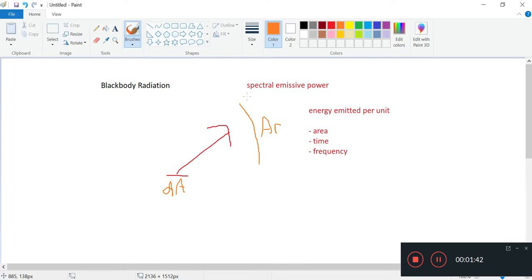However, when we talk about spectral emissive power per unit area, we are not referring to this, we're actually referring to this area. So there was a mistake in the last video. I just want you to be clear about what area we are talking about when discussing spectral emissive power or total emissive power for that matter.